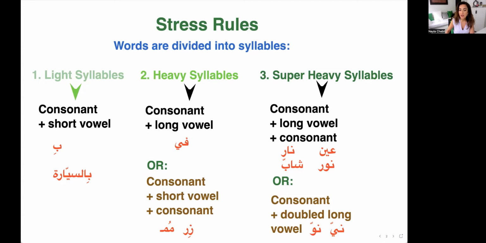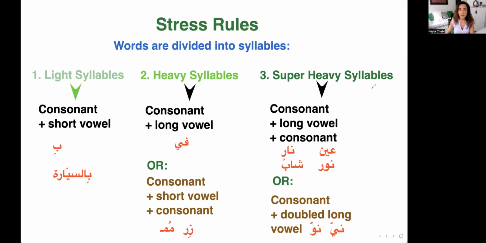Zay is a consonant, the kasra is a short vowel, the ra is a consonant, zir. Or, zir means a button by the way, or riz, which means rice, ra, kasra, zay. Also, mum, for example. Mim is a consonant, short vowel, the dhamma, another consonant, like in the word mumkin. So, these two examples are heavy syllables.